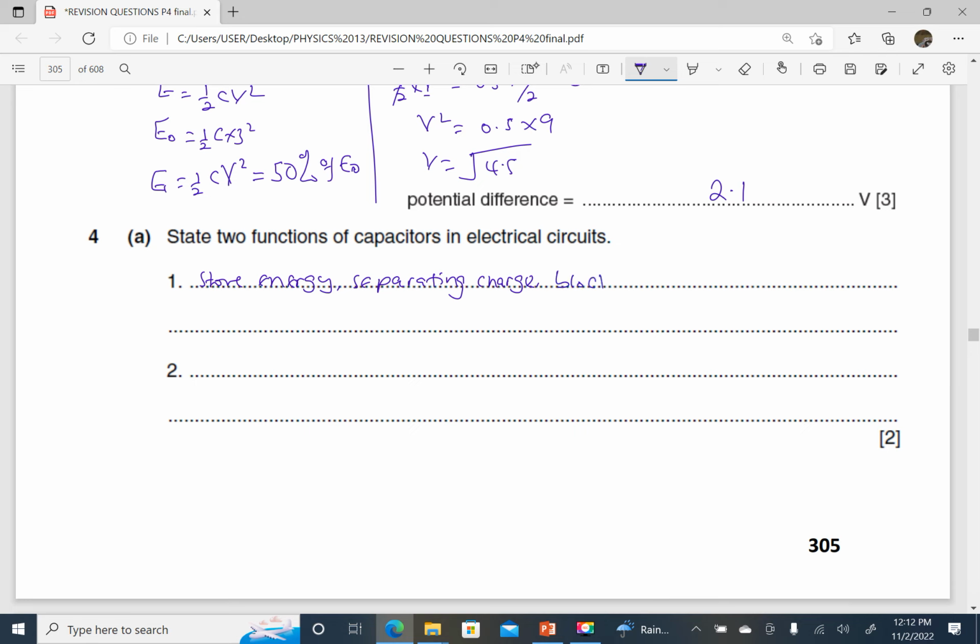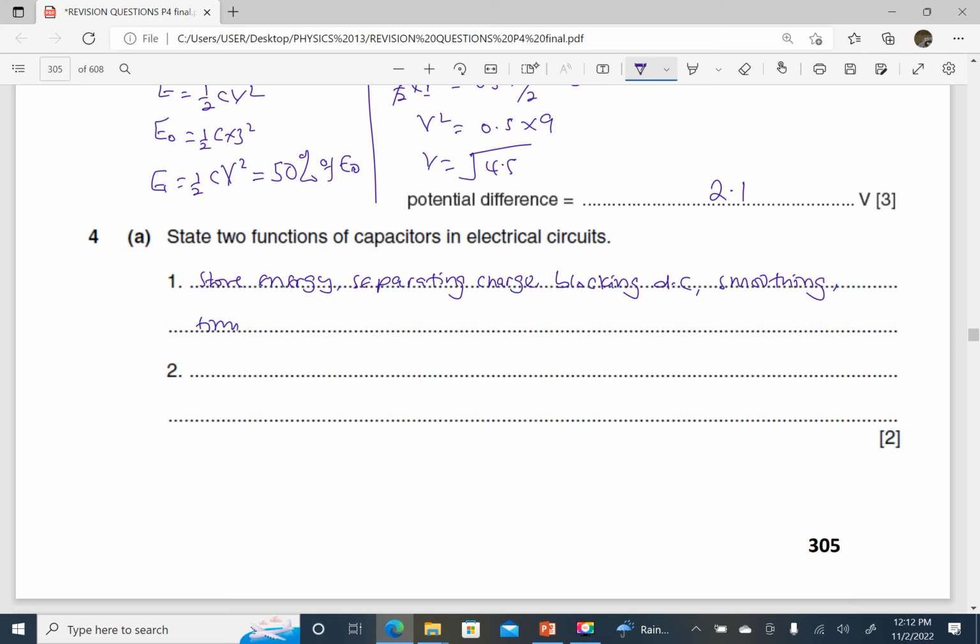Blocking direct current, blocking DC, that is 3. We have seen smoothing, that is reducing the fluctuations in directional output voltage from the AC or from the rectified voltage.